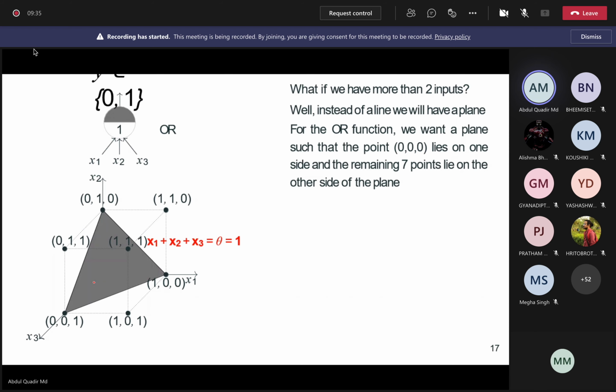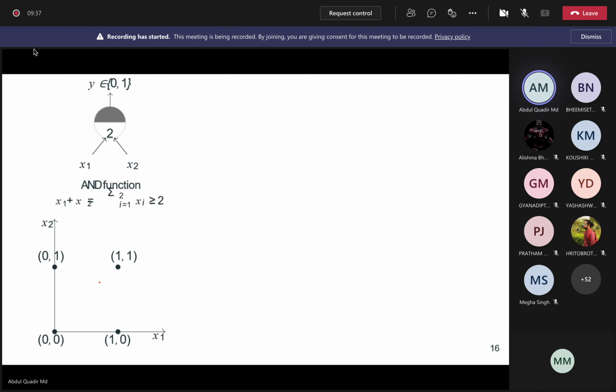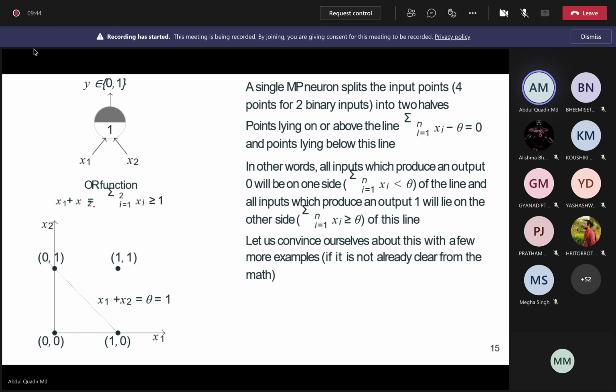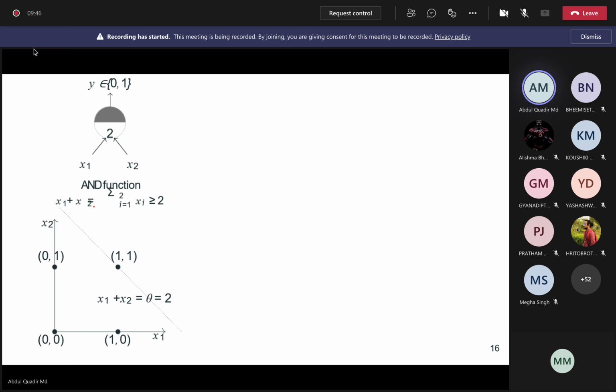So in the last class, we were seeing about MP neurons. We saw the OR function, how it was linearly separable, and the AND function, how it was linearly separable. We saw tautology, and the three inputs case, and how they were linearly separable.